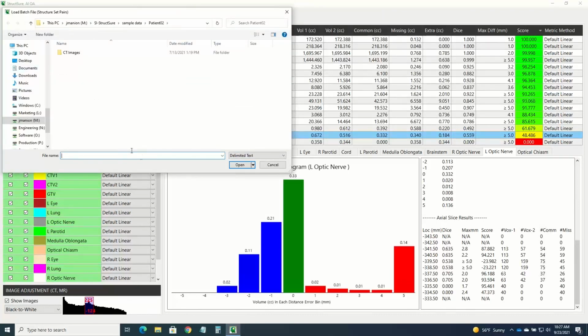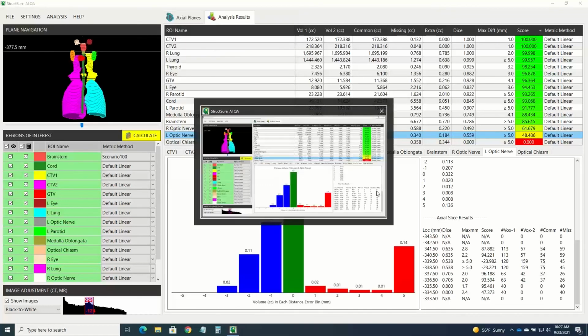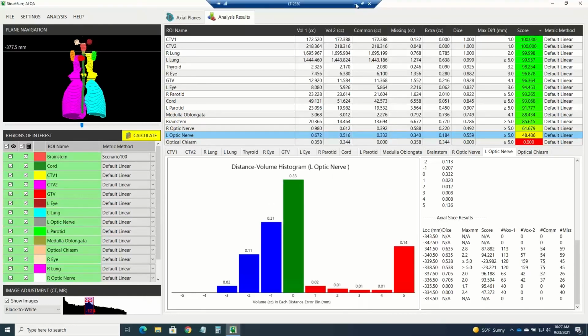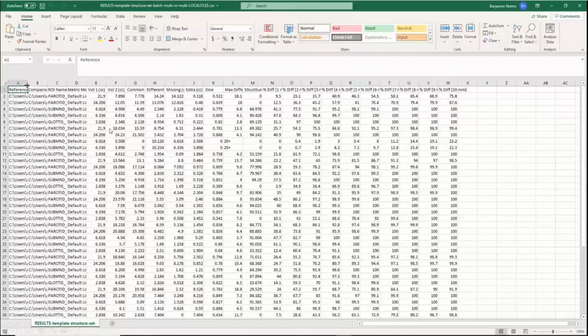You'd have a text delimited file here, and you would bring that in, and in it you would have the path, for example, for the reference scan. That's your gold standard. Here's the one you want to compare it to, the region of interest name, etc.